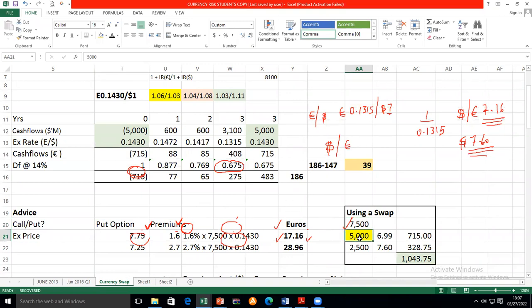This one, the 5,000, came at the same rate as this one. So that divided by that, you get that. The 2.5 came at 0.1313, which is this one. This amount, which was under the swap, came there.